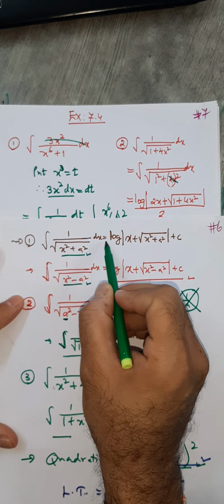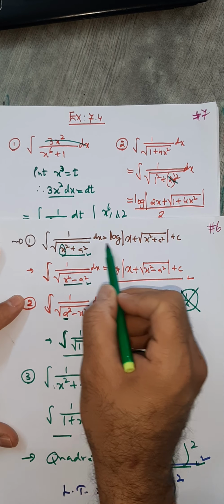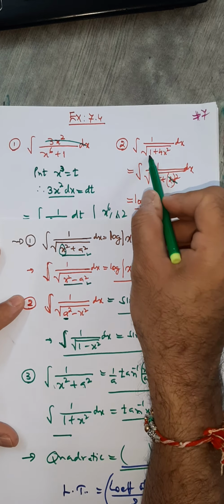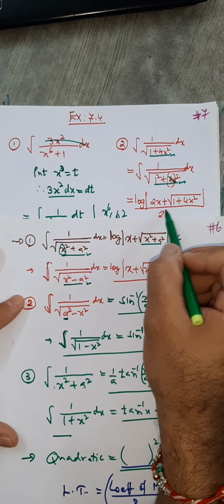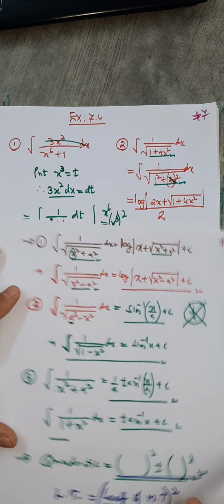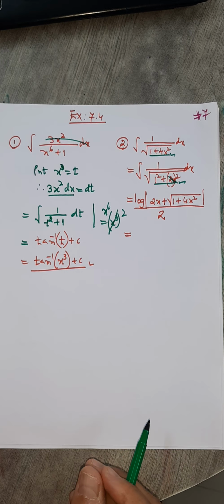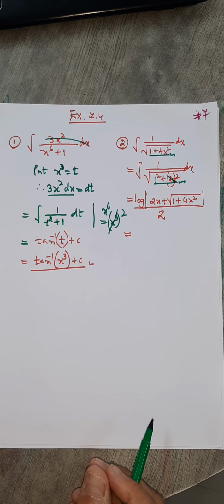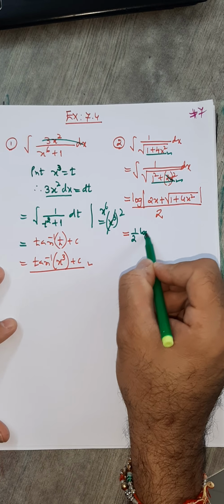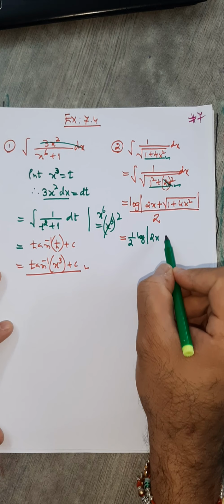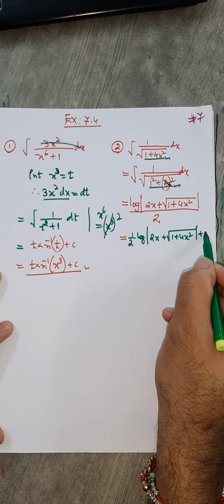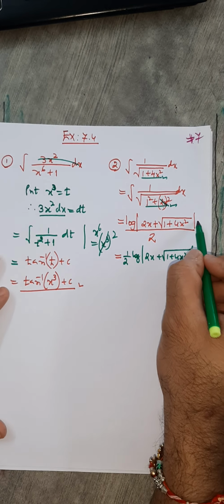Now when you consider 2x as x in a linear function, you need to write its coefficient. So its coefficient is 2. So finally 1 upon 2 log of mod of 2x plus root of 1 plus 4x squared plus c. Here also plus c, remember.